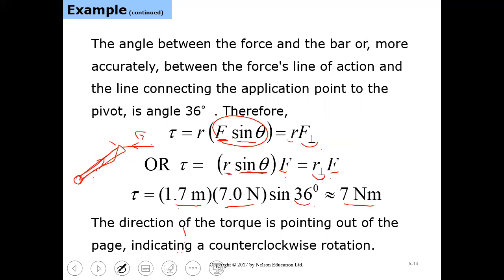It is turned counterclockwise. So the direction of the torque is counterclockwise. So you know what is clockwise, counterclockwise, right? The clock hand turns in the clockwise direction. So the other direction is counterclockwise.